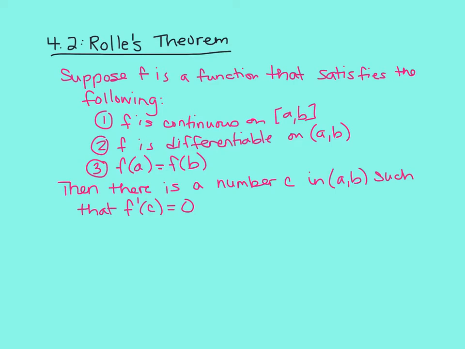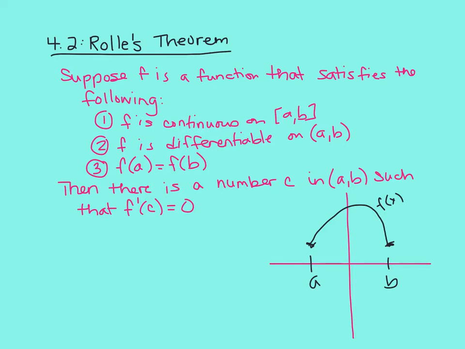to 0. So here's a quick little example where you could just see the picture. So let's take a look at this function. I'll call it f. You'll notice, first of all, this one's continuous, and it has no crazy cusps or corners or any vertical tangent lines. So therefore, that means that it is differentiable all over a to b.